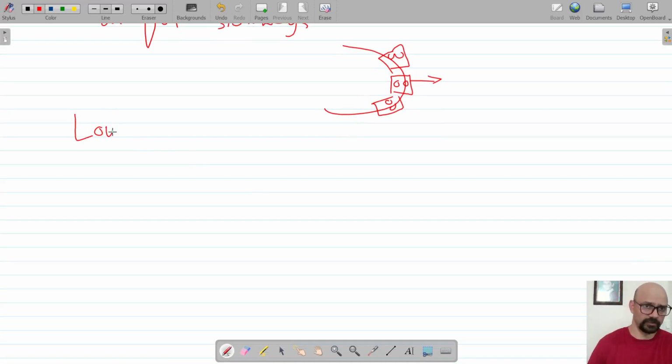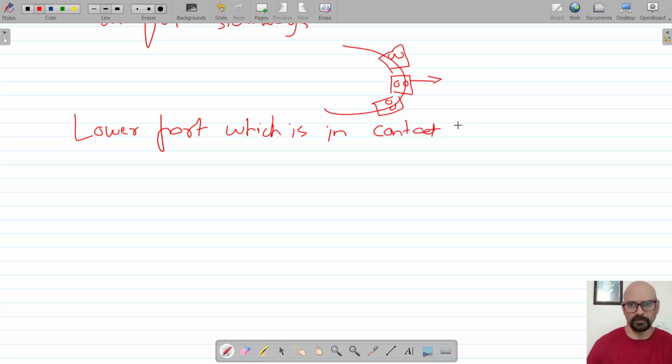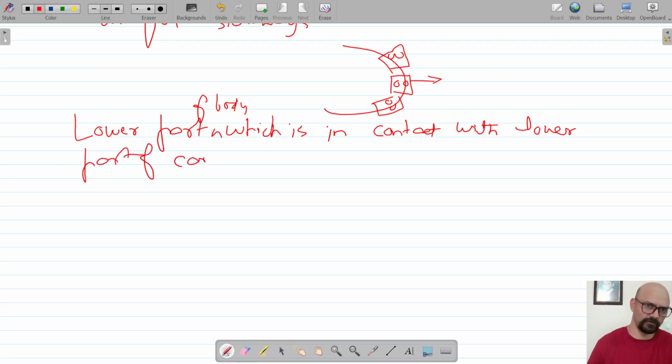Here, this is the lower part of the body which is in contact with the lower part of the car or bus.